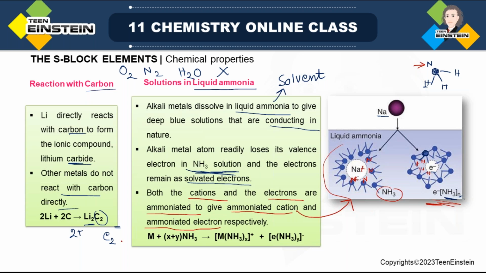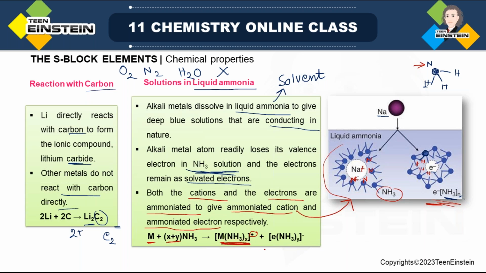Now the equation will be M, that is any alkali metal, plus x plus y number of ammonia molecules. x and y may be very large numbers. Now M has already lost the electron, so it is surrounded by x number of ammonia, and the overall charge is mentioned outside the square bracket.